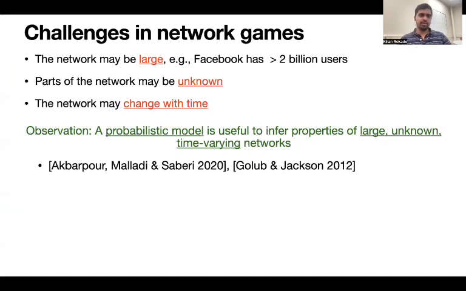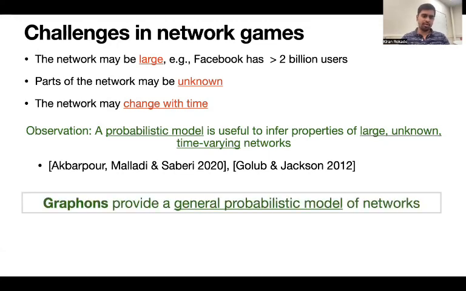Now, these issues are common in the literature of networks, and people have made an observation which says that in such cases, a probabilistic model of a network can be useful to infer properties of the network. Using this observation, we adopt graphons as a general probabilistic model of network games.